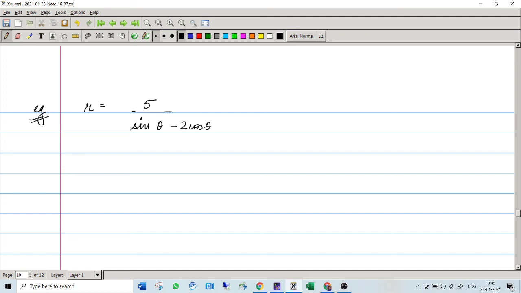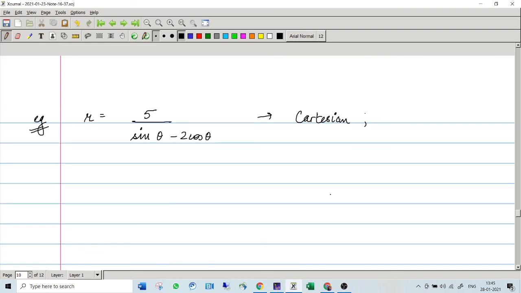You will have to convert it into the Cartesian form first and then comment about what sort of graph or diagram it shows. So with this one, we are done with the concept of conversion.